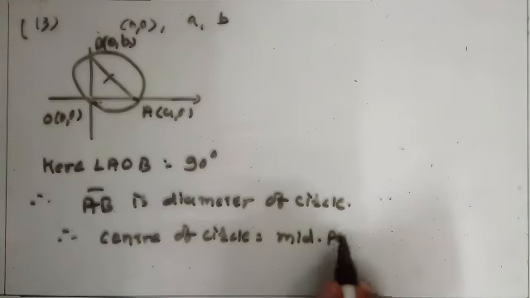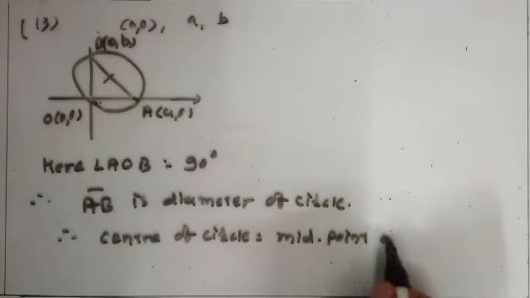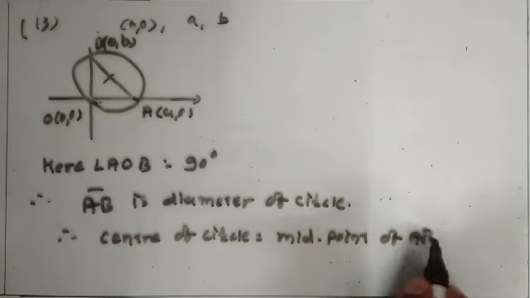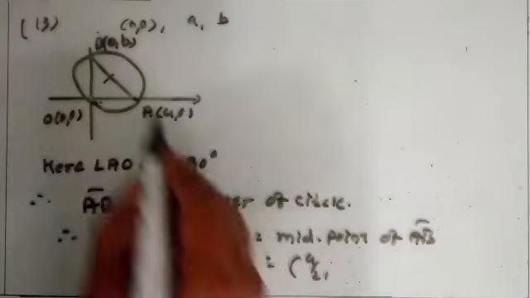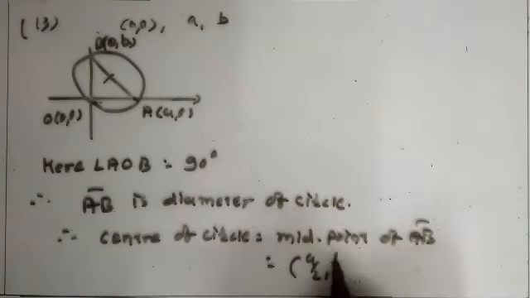So the midpoint of AB is equal to (a plus 0) by 2, that is a by 2, and (0 plus b) by 2, that is b by 2.